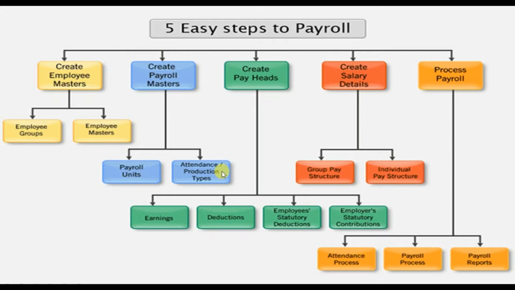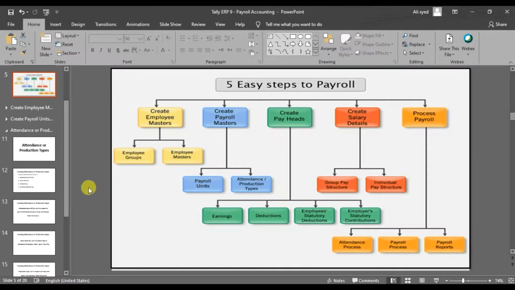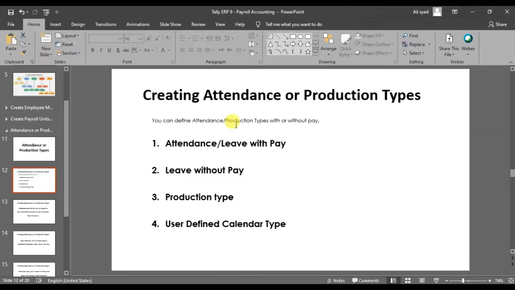But now we need to create attendance and production type, which is used to define the pay, the salary, either with pay or without pay. So in Tally ERP 9, we have four different attendance or production types.